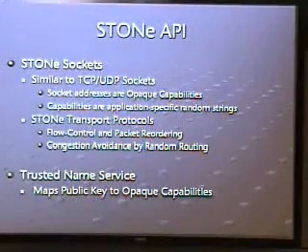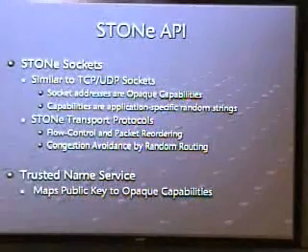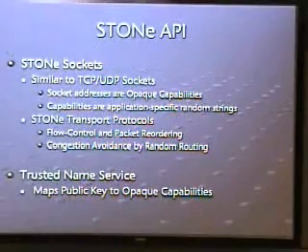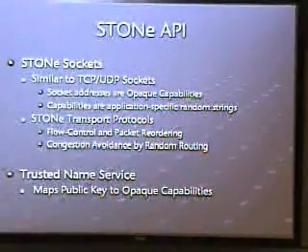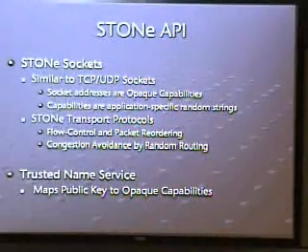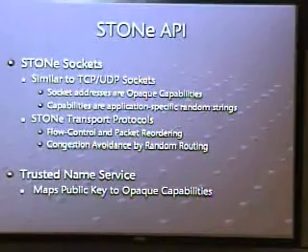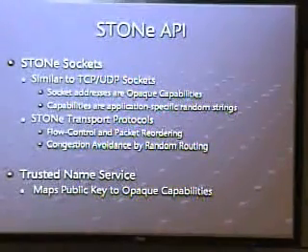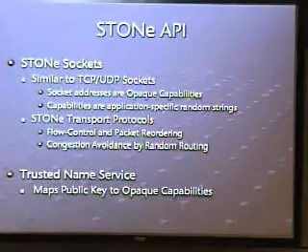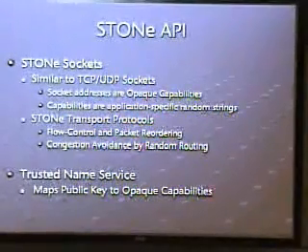The Stone API has Stone sockets, which are similar to TCP and UDP sockets, except that the socket addresses are opaque capabilities. That is a huge random string that doesn't tell the user anything about the application or the network.